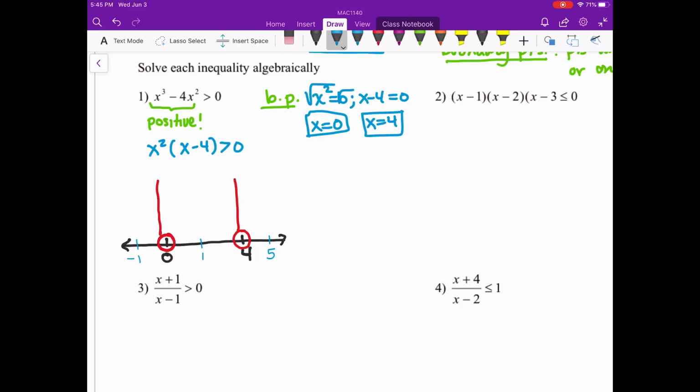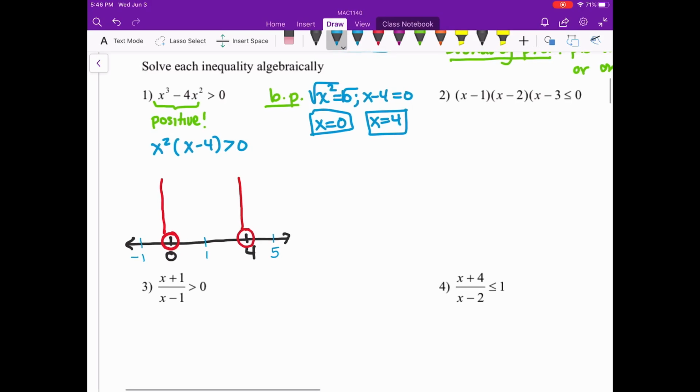So now I'm going to check if choosing any point from these intervals, the inequality will be right or wrong. If I plug in 5 on this expression, I will end up with 5 squared times 5 minus 4. But remember that the solution has to be positive.